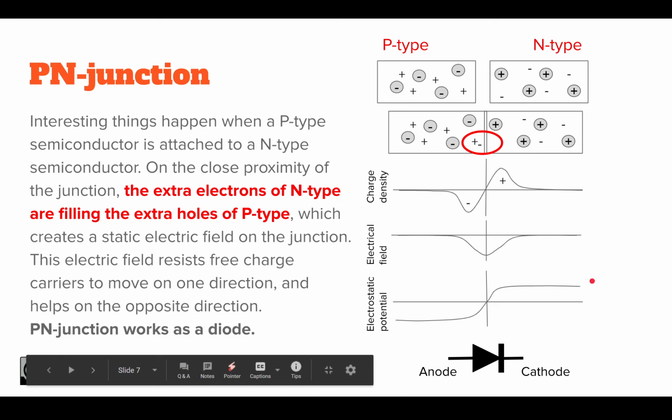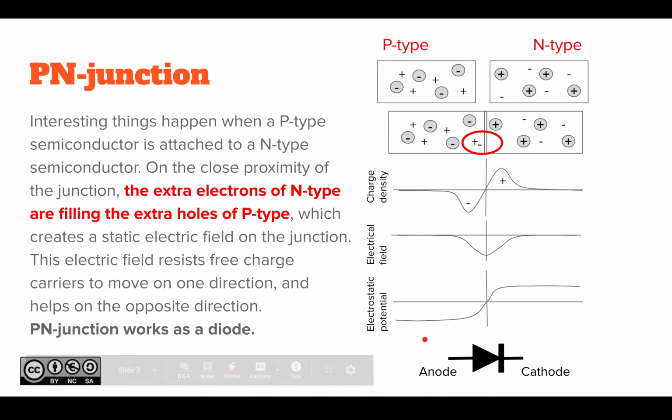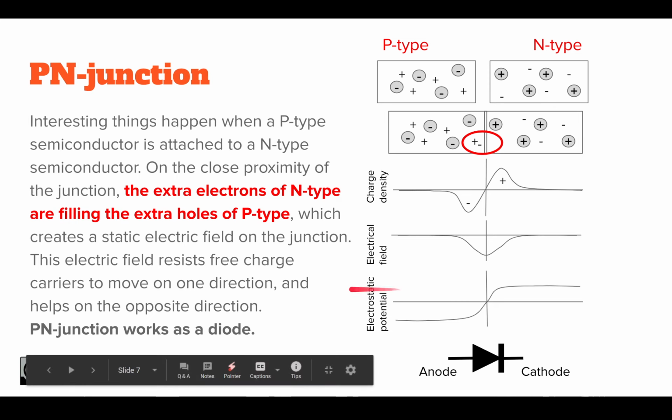I was talking about how electrons flow easily from right to left. Here's the diode symbol. It has an arrow here showing the direction of the forward current flow, the easy way to go.